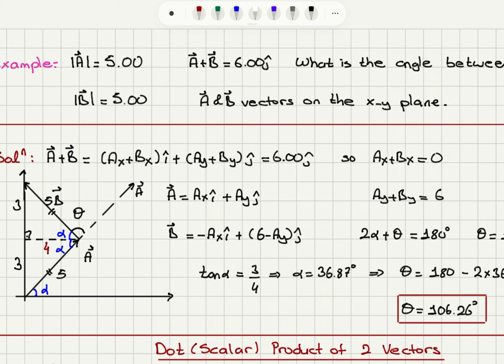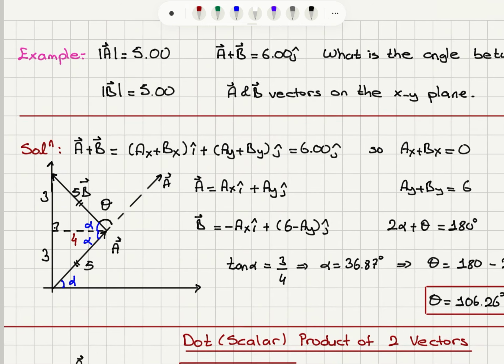So looking at the two sides, for the i hat part, I have 0 here, so a_x plus b_x is 0. For the j hat part, I have a_y plus b_y equals 6, and they have the same magnitude 5.